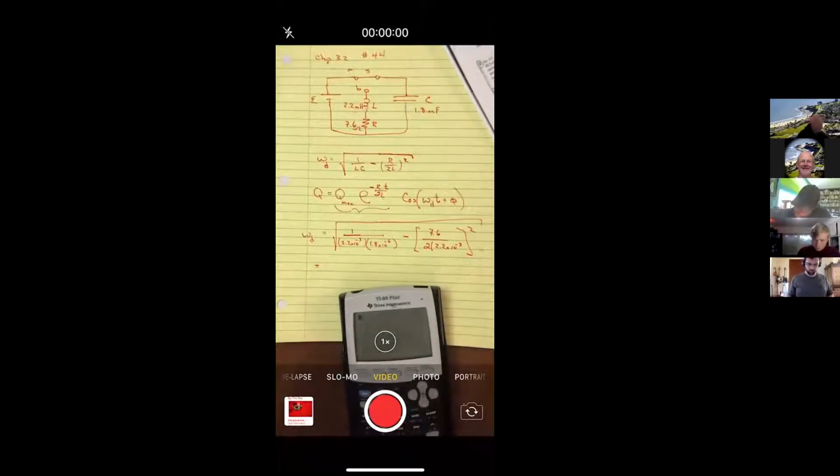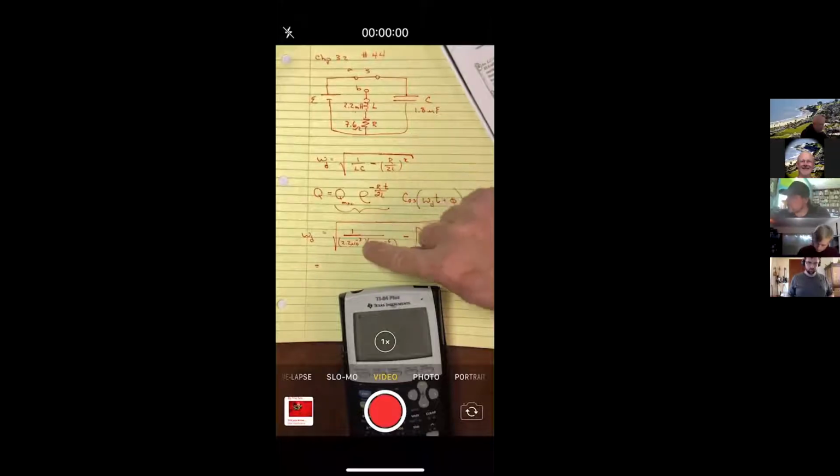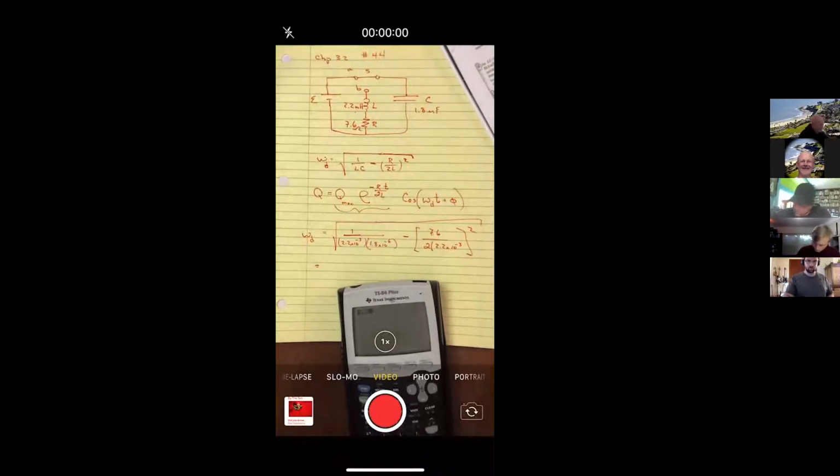So just out of my own curiosity, without any resistance, if this was kind of what we might call an ideal perfect circuit, I would have this 2.2 times 10 to the negative 3 times 1.8 times 10 to the minus 6.